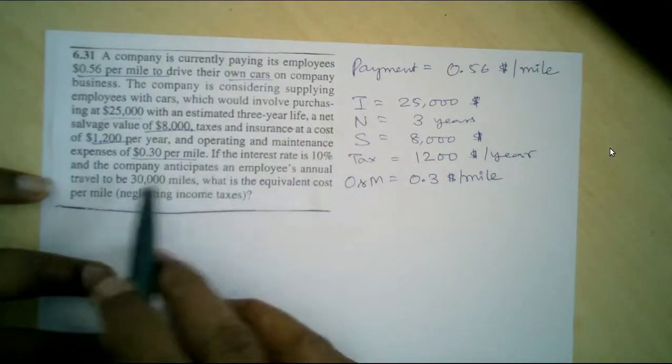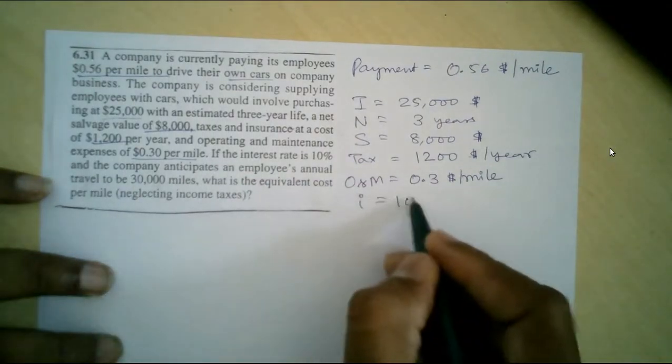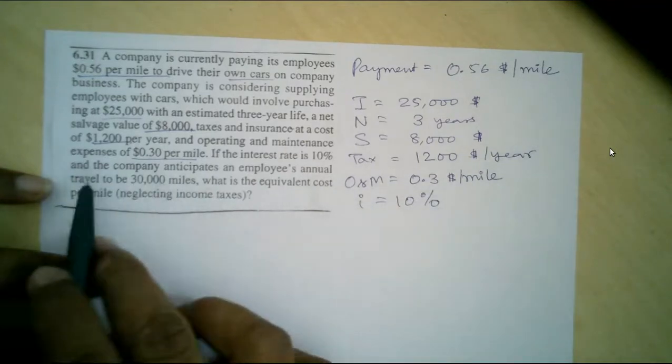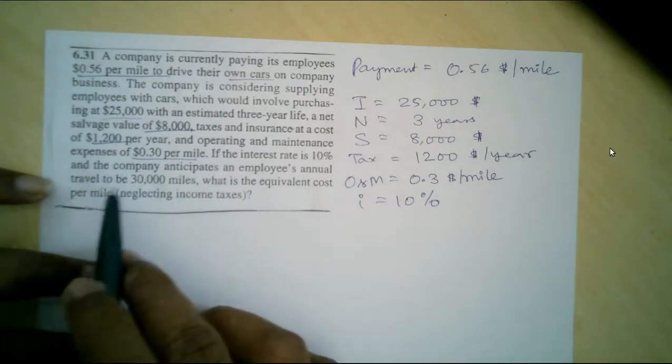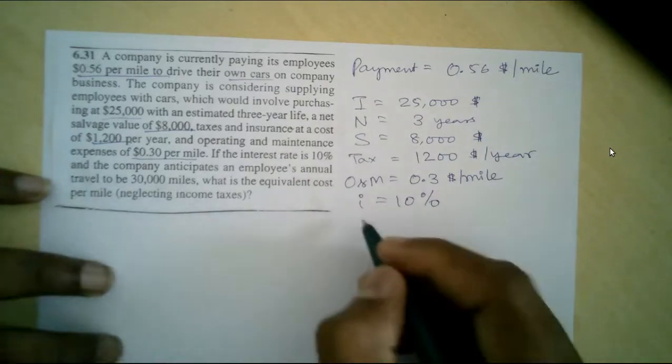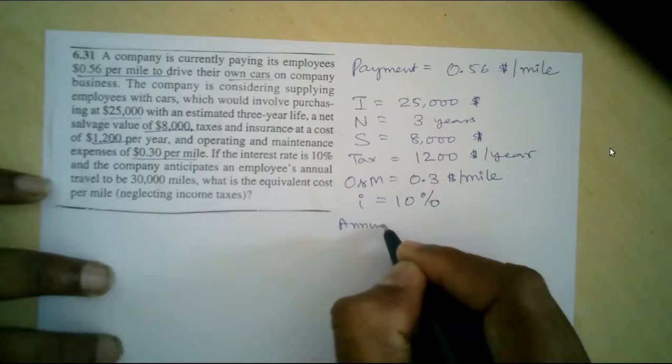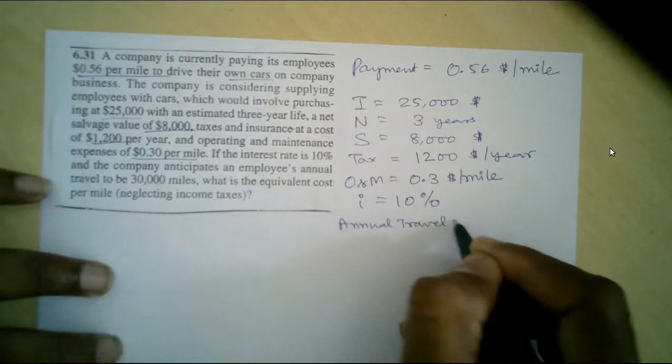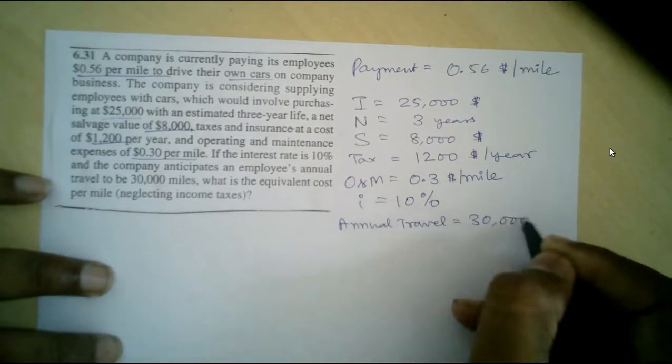If the interest rate is 10%, so i is 10%. And the company anticipates the employees' annual travel to be 30,000 miles. So annual travel: 30,000 miles.